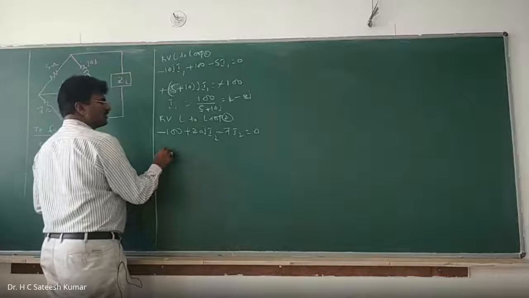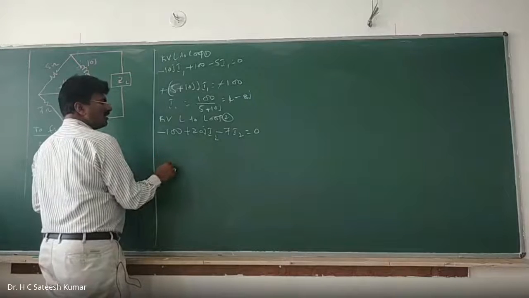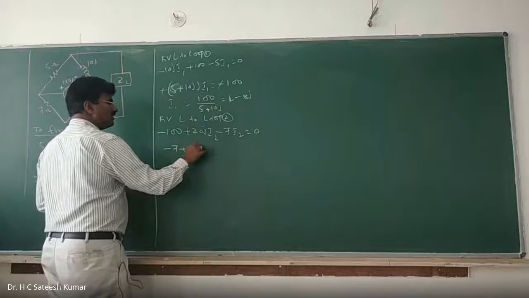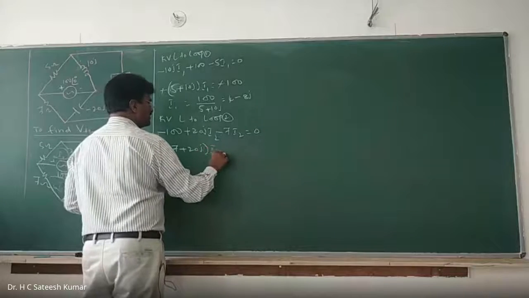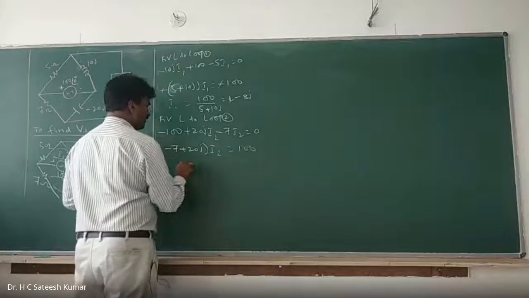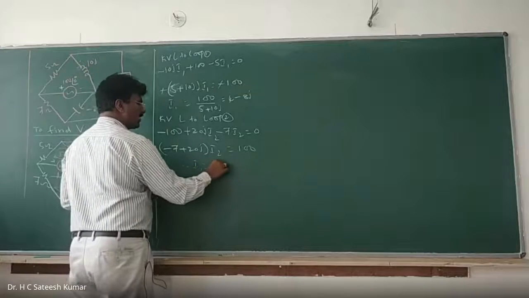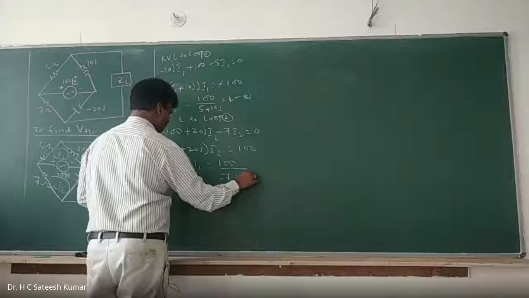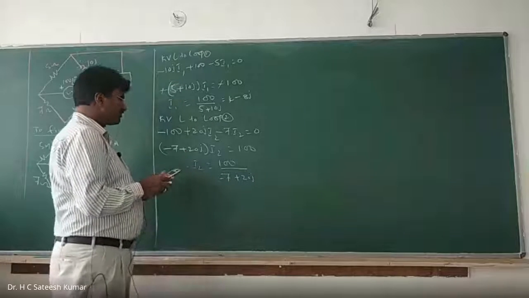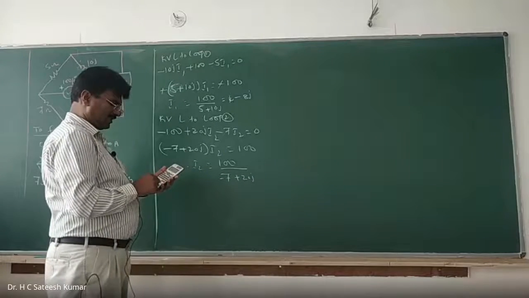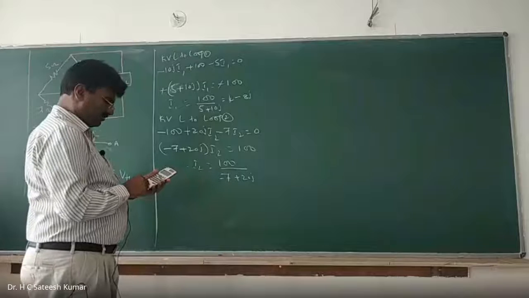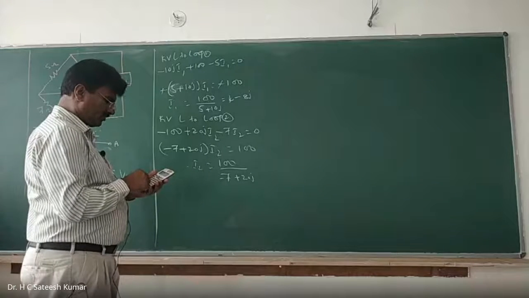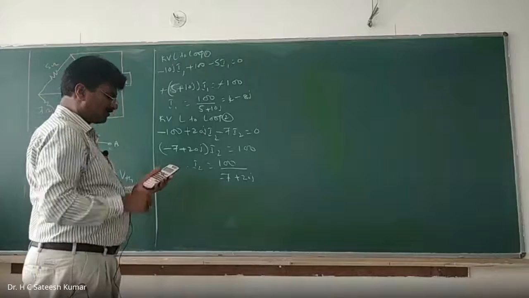So therefore, minus 7 plus 20j into I2 is equal to 100. Therefore, I2 is equal to 100 divided by minus 7 plus 20j. So we can write it as 100 divided by bracket minus 7 plus 20j, close the bracket, equals.